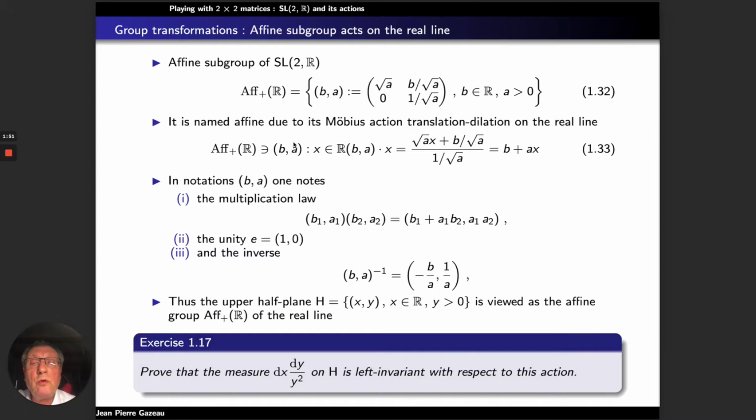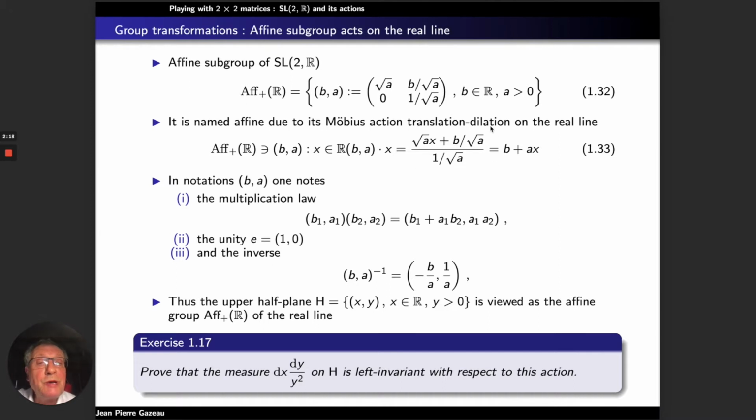When you consider a point on the real line, the action of this element of the group on this point is given by square root of A x plus B over square root of A divided by 1 over square root of A.